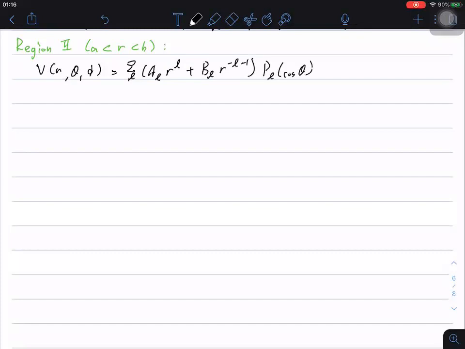Okay, so now we cannot just ignore AL or BL because we have two boundaries here. We have to plug in two boundary conditions.